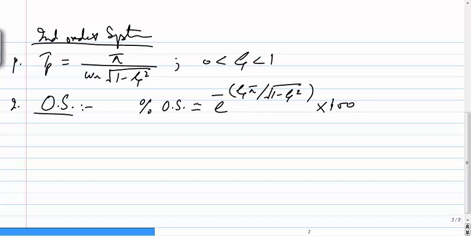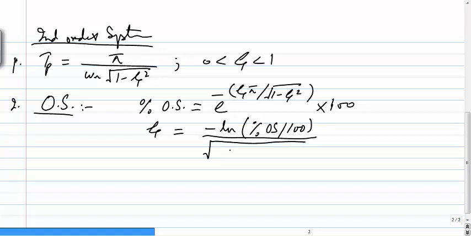So from this formula we can calculate zeta. Zeta can be calculated from the overshoot as minus natural log of percentage overshoot divided by 100, divided by under root pi square plus natural log squared of percentage overshoot divided by 100.